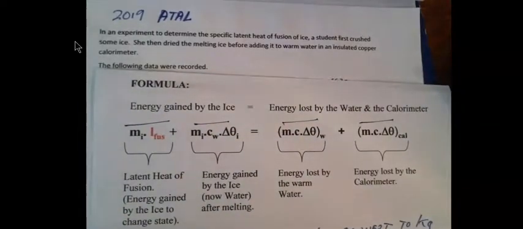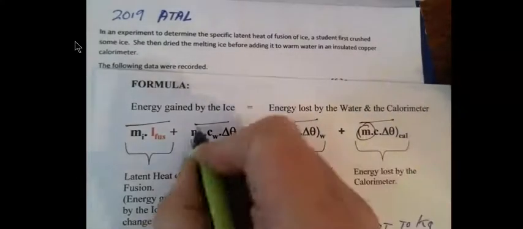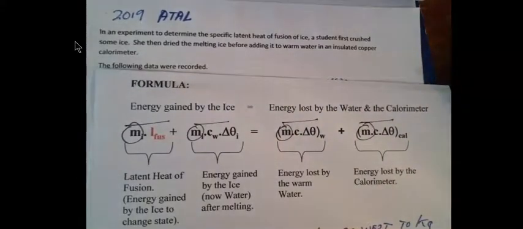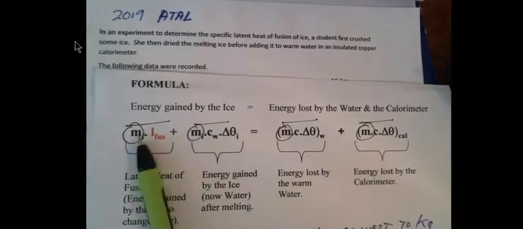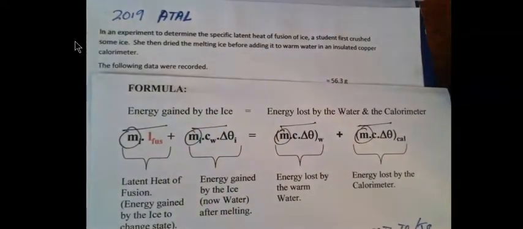And you notice that each part of the formula has mass in it. So in this case, we can actually just be consistent and leave our values for mass in grams. Students usually find this easier to do and more manageable, and it will all work out in the end.